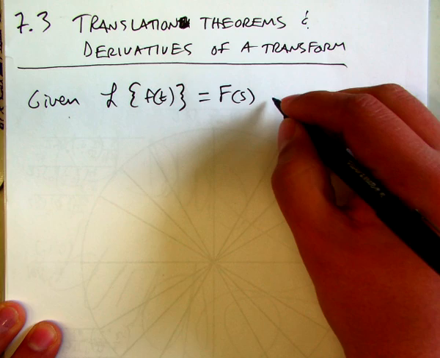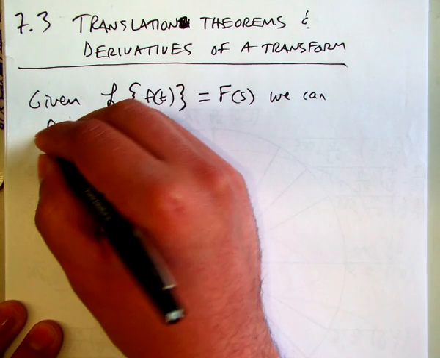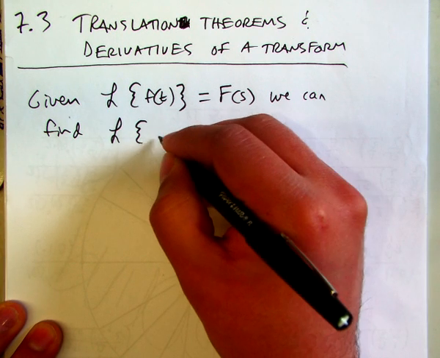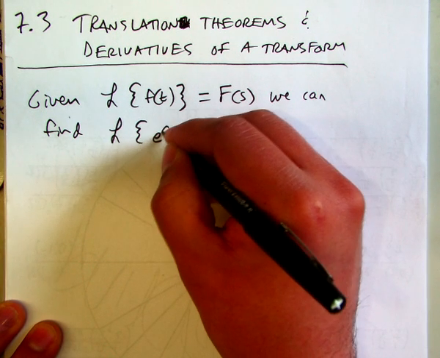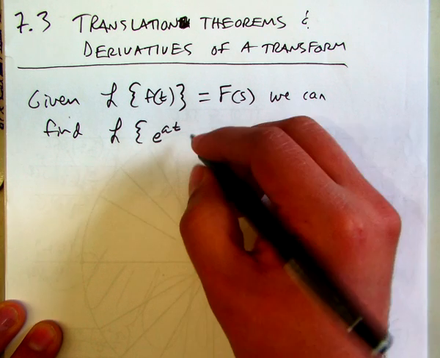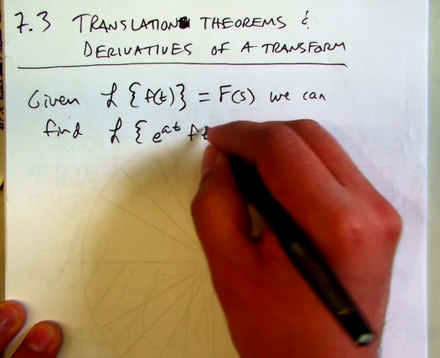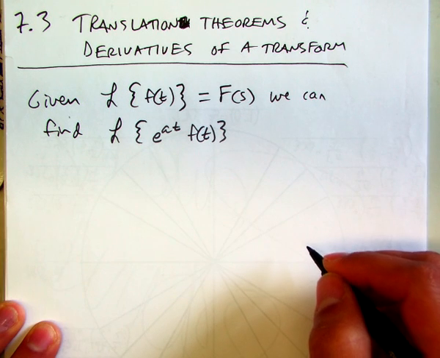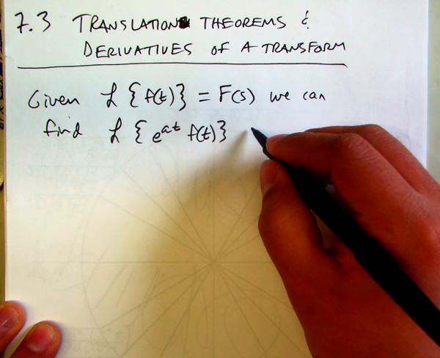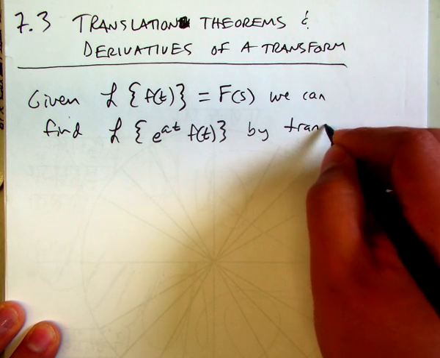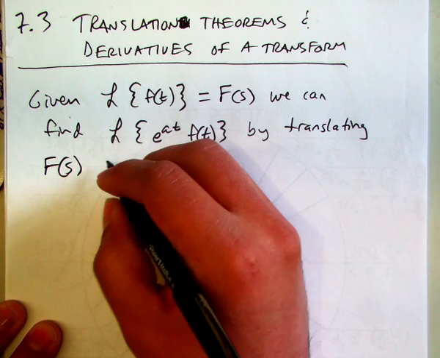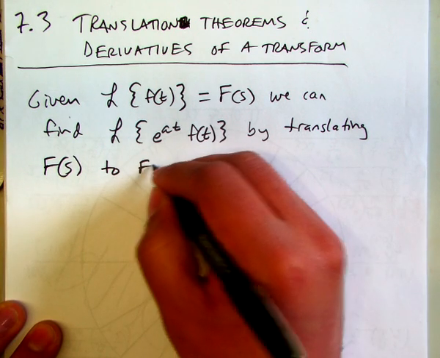We can find the Laplace transform of any of those functions that we already know, including functions with an exponential factor within the function that we're also taking the transform of. And the way we do that is by translating our answer, F of s, to F of s minus a.